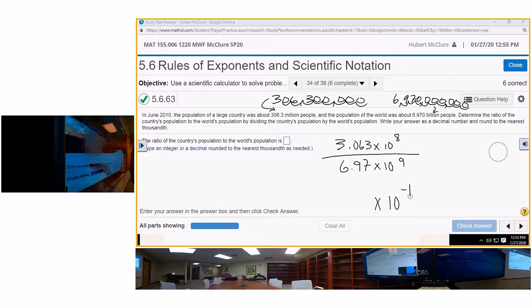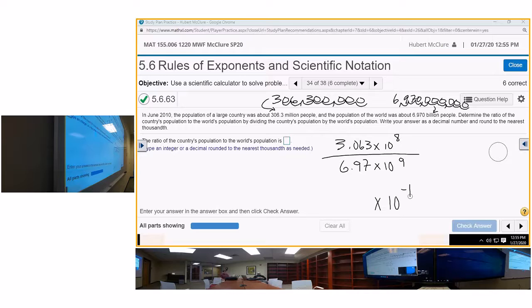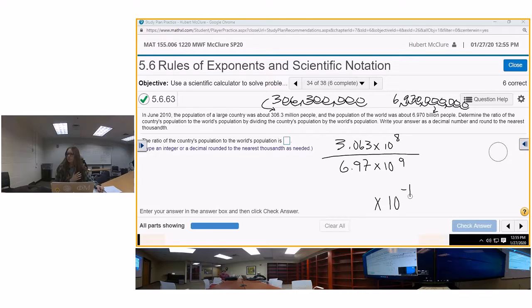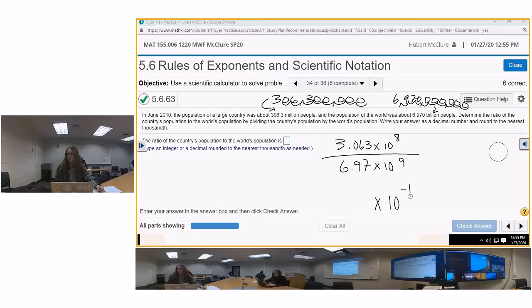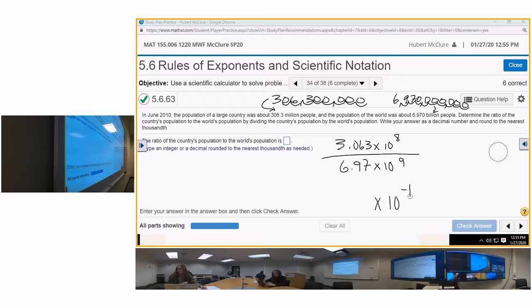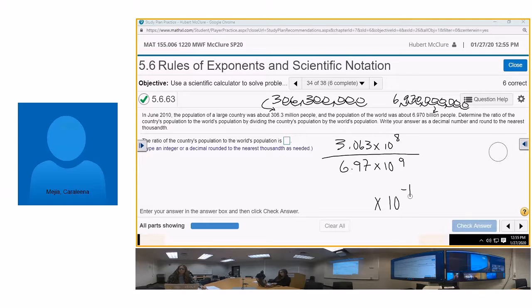Somebody give me 3.063 divided by 6.97. Okay, nobody can work your calculator? 3.063 divided by 6.97. I got 0.439. 0.439. Did everybody else get that? Yes, sir.